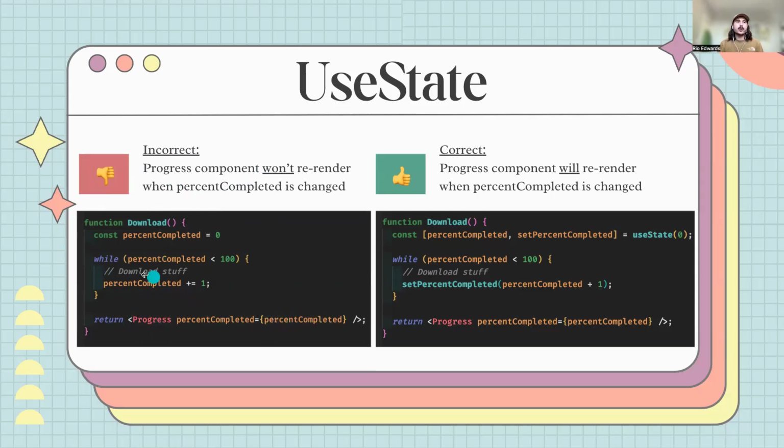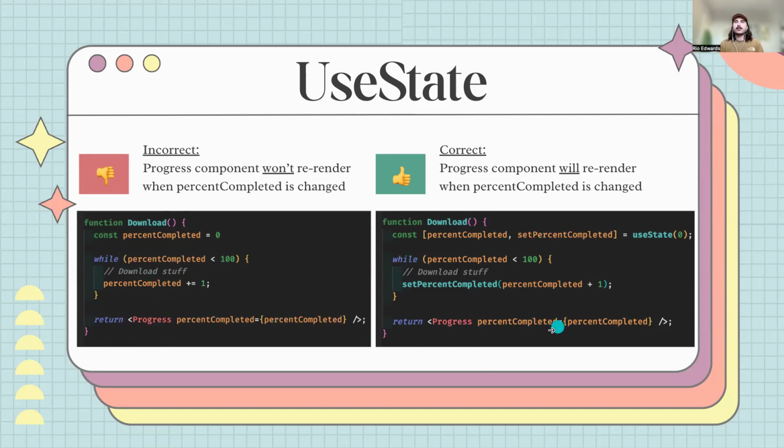Every time you update it, React won't know to re-render this component because this is a normal variable. React needs some sort of binding to this variable. It needs to hook onto it and keep track of it, and it can't do that if we use a regular variable. So we can change percent completed all we want, and it won't re-render this progress component.